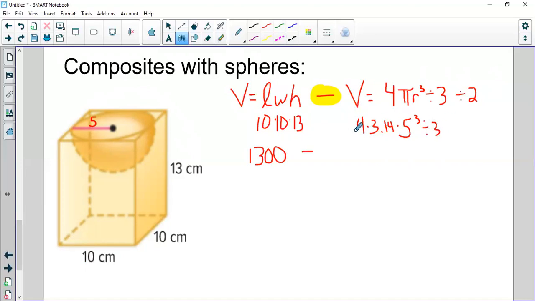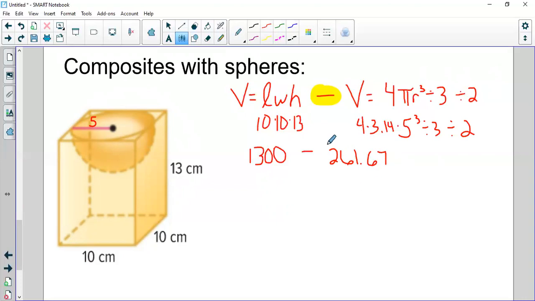And whatever answer I get for the sphere, I have to divide by 2 because it's only half of a sphere. So 4 times pi times 5 cubed divided by 3 and then divided by 2 gives me 261.6 repeating. I'm going to round that off to 261.67.